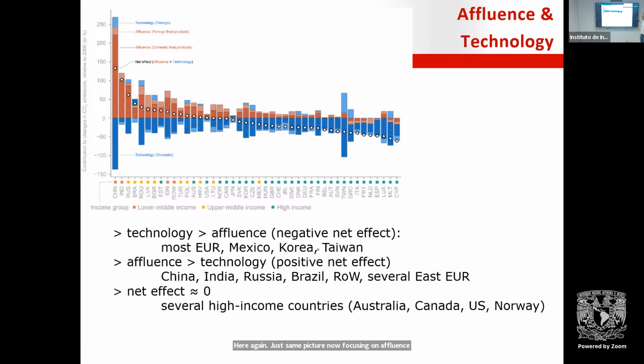And we see that the technology effect, the blue bars are larger than the affluence bars, indicating a negative effect for most of the European countries, Korea, Taiwan, and also Mexico. Affluence is larger than technology, so the positive dots are on the left: China, India, Russia, Brazil, rest of the world, and several East European countries.